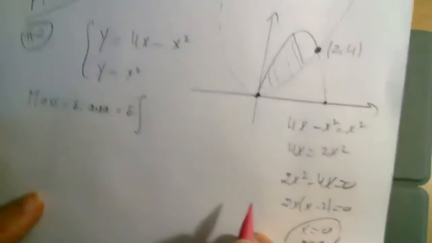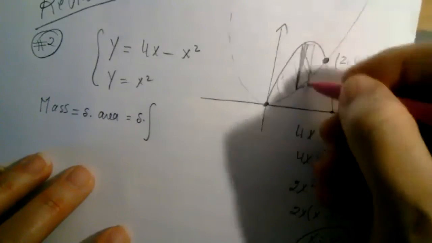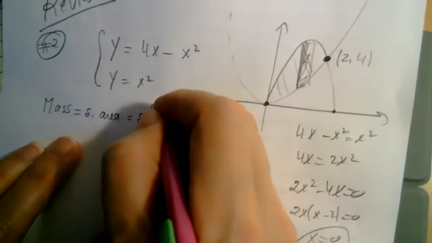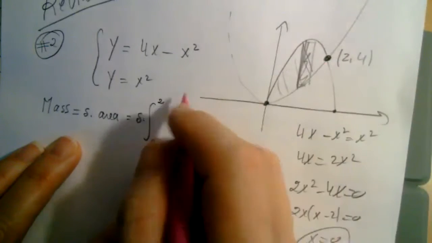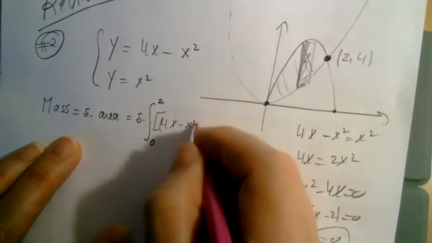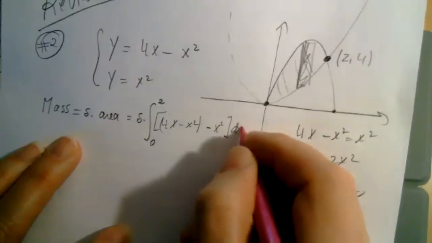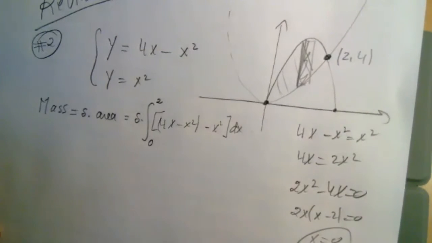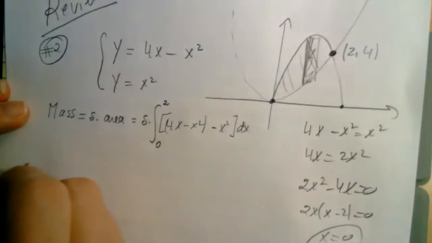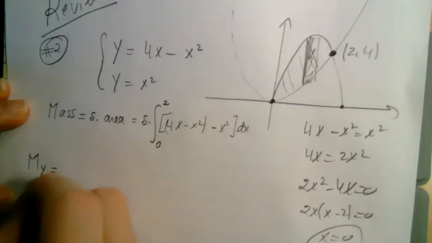So first, the area. That's an easy problem. The area is the integral from 0 to 2 of the upper curve, 4x minus x squared, minus the lower curve, x squared, dx. I will not compute anything, I will just set it up. Now, what is the moment with respect to what?